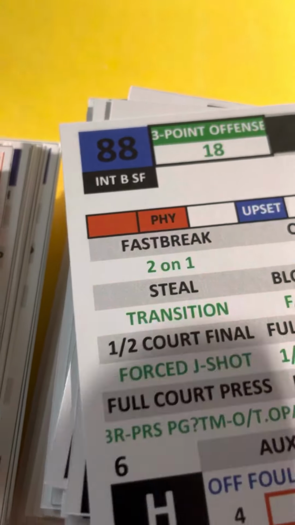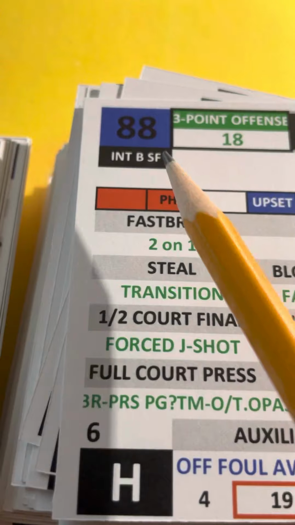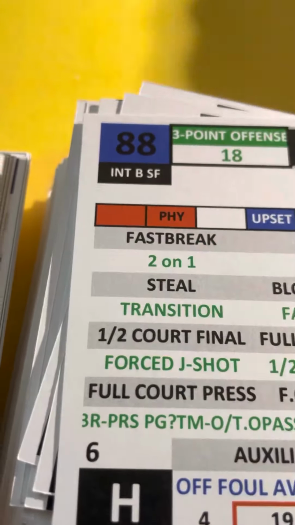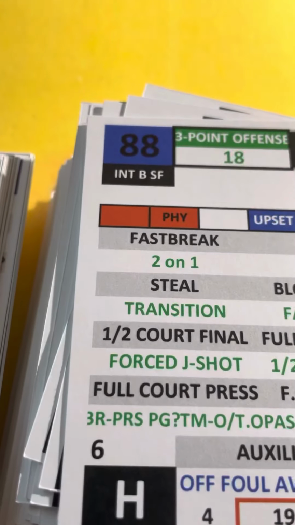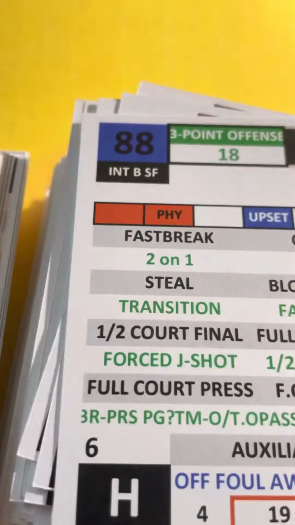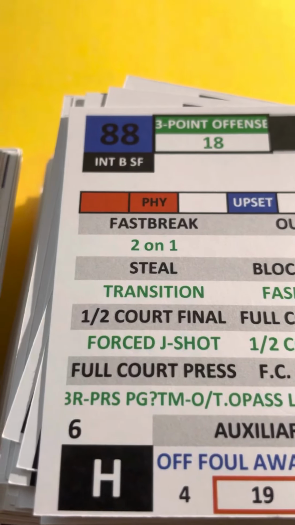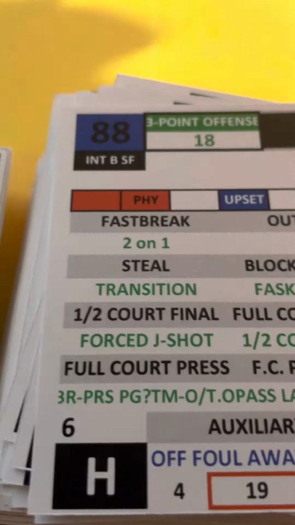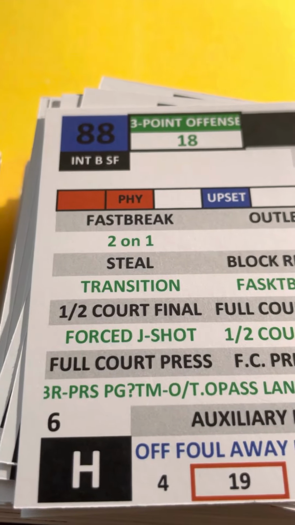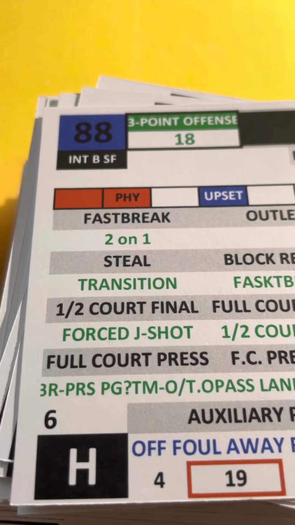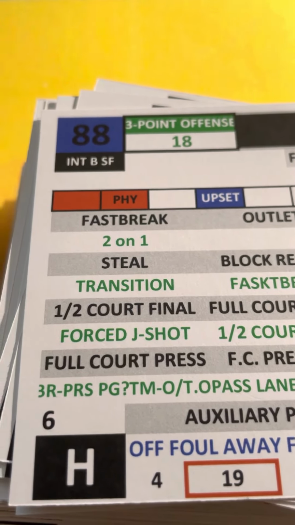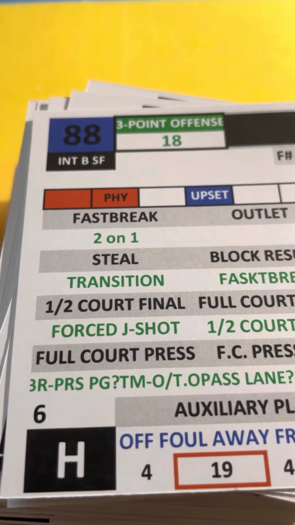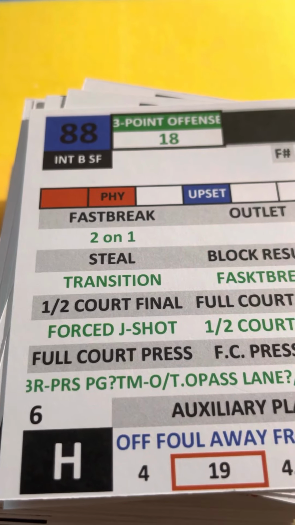This right here, when I did the player card video, I spoke about interior block ratings for defenders. One thing you need to be conscientious of when you're deciding what offensive move to make is, does the defensive team have a lot of rim protection? And you can tell that by looking at the interior defensive block ratings from the defensive side.